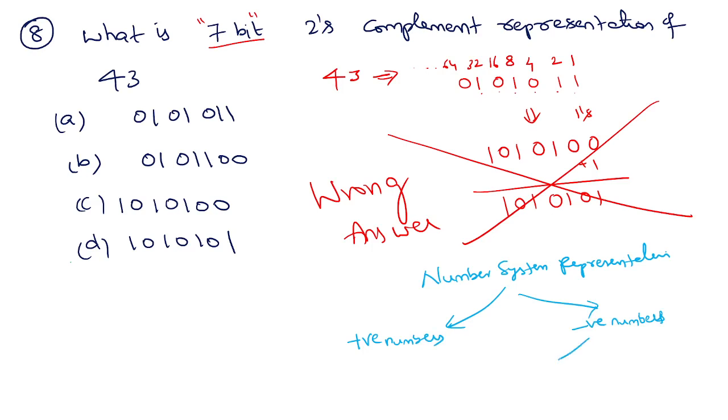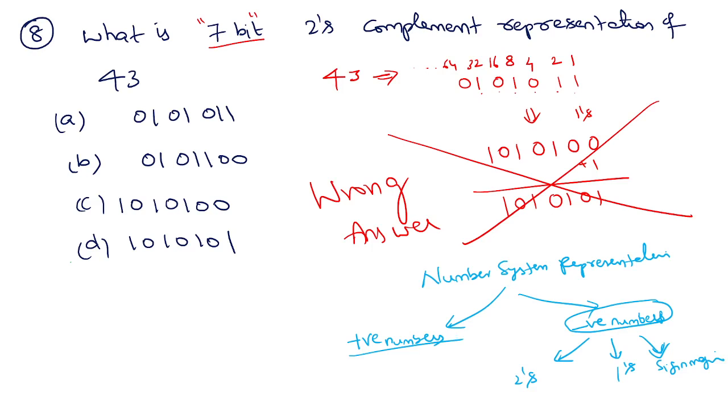Now, two's complement, one's complement, and sign magnitude forms are all valid only for negative numbers. Positive numbers are like a default. You don't need any representation for that. You just represent them the way they are.